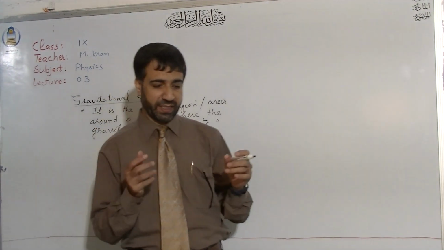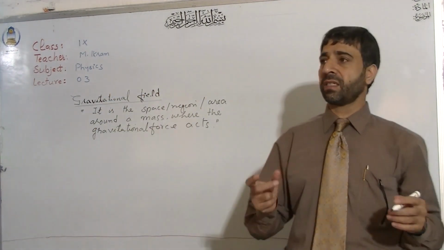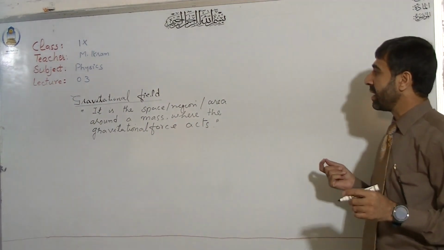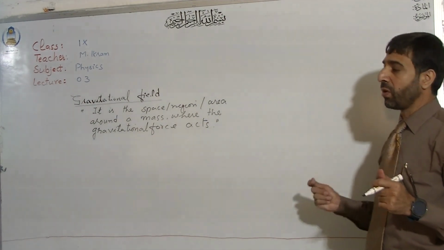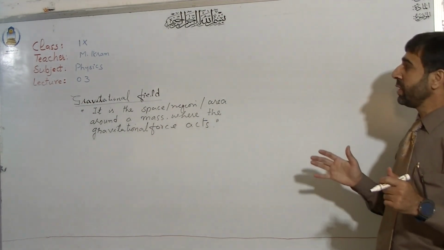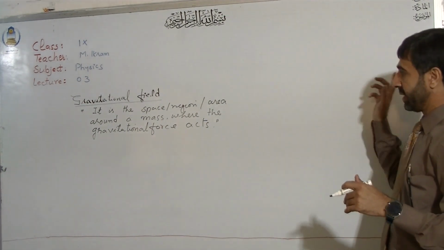of an object can act, because you know gravitational force is the natural property of an object to exert pull on other objects. So we just want to know the limit, right?